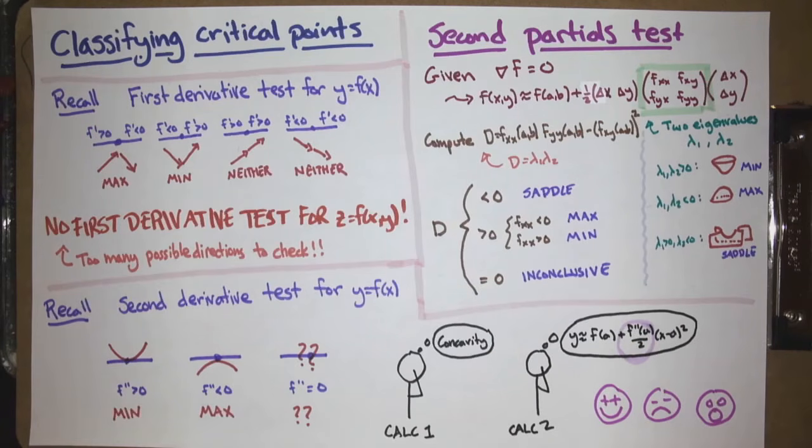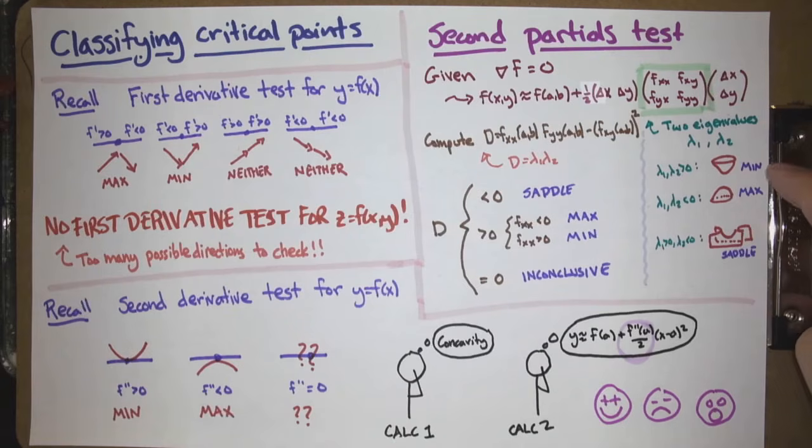So, what goes on? Well, when you take a class called linear algebra, great class, highly recommend it, it turns out when you have 2 by 2 matrices, you get two special numbers called eigenvalues. If your two eigenvalues are positive, it's the same as if f double prime was positive. It says you go up in all directions.